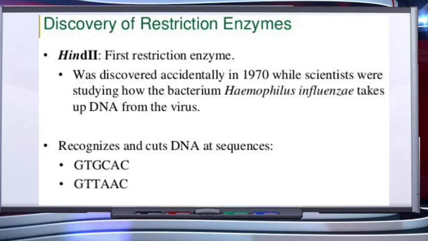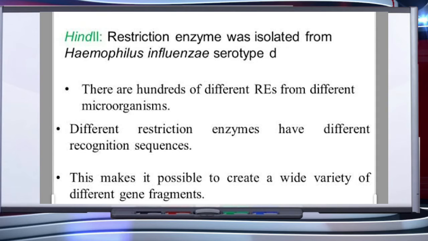They found that it always cut DNA molecules at a particular point by recognizing a specific sequence of 6 base pairs, which is shown in the slide. Besides Hind II, more than 900 restriction enzymes have now been isolated from over 230 strains of bacteria, each of which recognizes different recognition sequences.